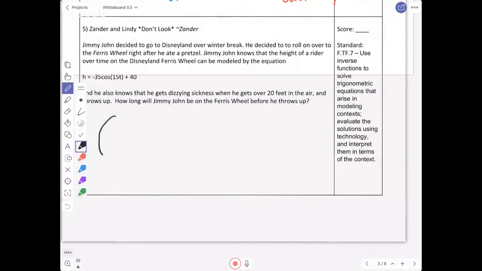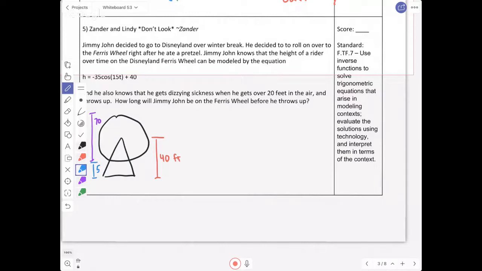So let's draw a Ferris wheel. We can see that its midline is at 40 feet. Its radius is 35 feet. So this whole distance is 70. So he's going to get on and he'll be 5 feet high.